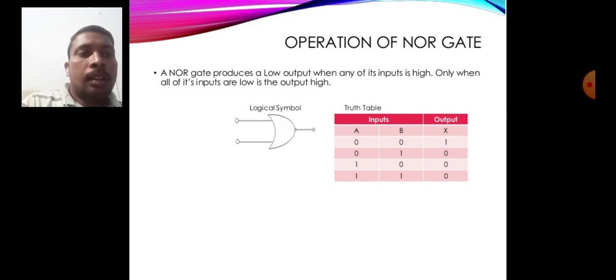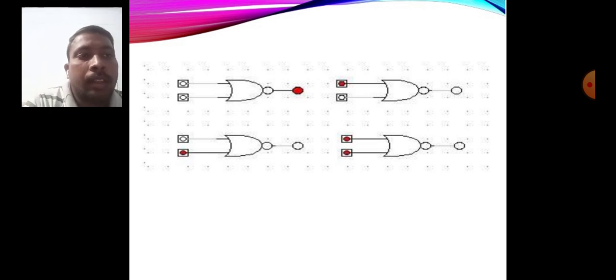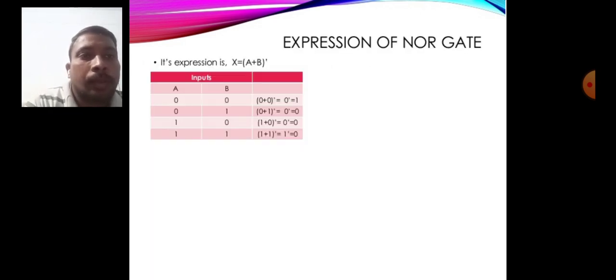So this is the operation of the NOR gate, with its logic diagram and expression. With the inputs A and B, the outputs of the NOR gate are 1 0 0 0.